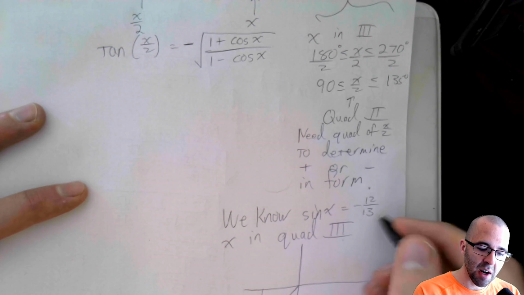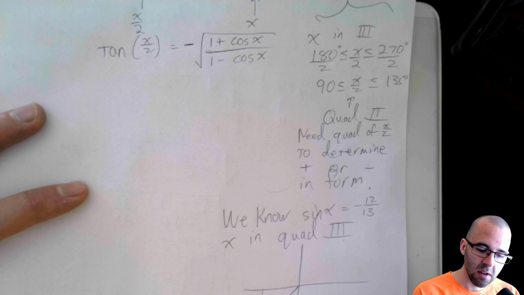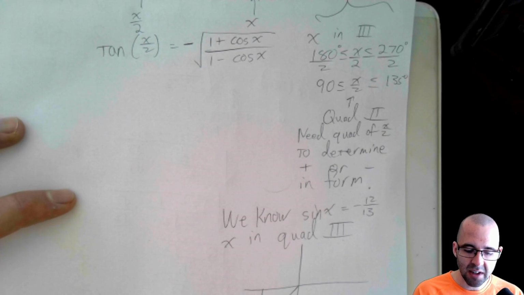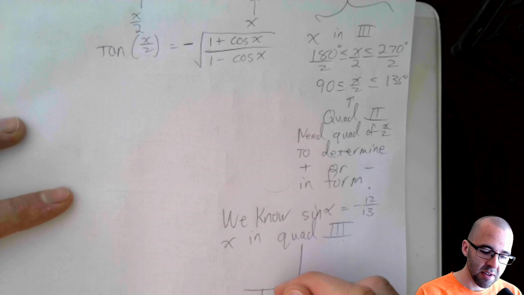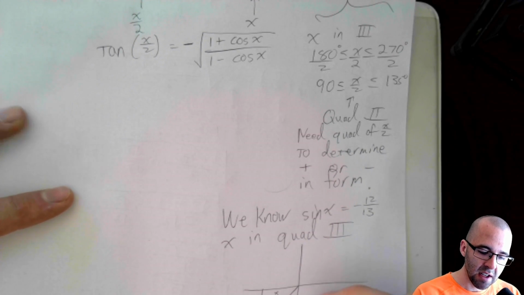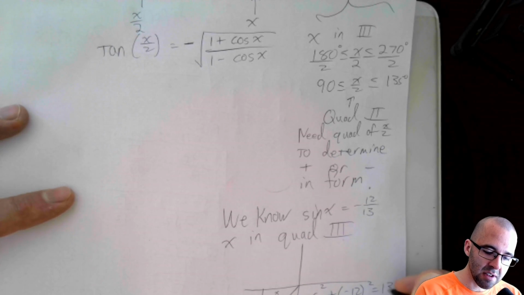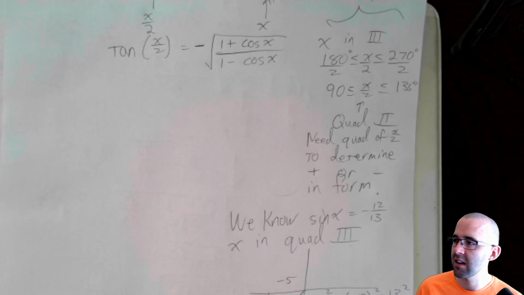Sine is opposite over hypotenuse. And again, the y-coordinate's negative, so that's where this negative comes from. Hypotenuse is always going to be positive. Use the Pythagorean theorem. Let's say this is x. x squared plus negative 12 squared equals 13 squared. Solve for x. You're going to get that x is 5. Negative 5, since, again, the x-coordinate's negative right here.